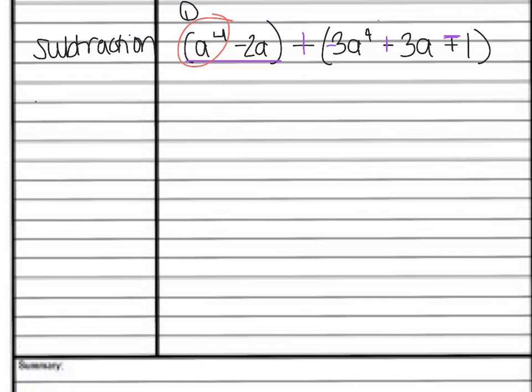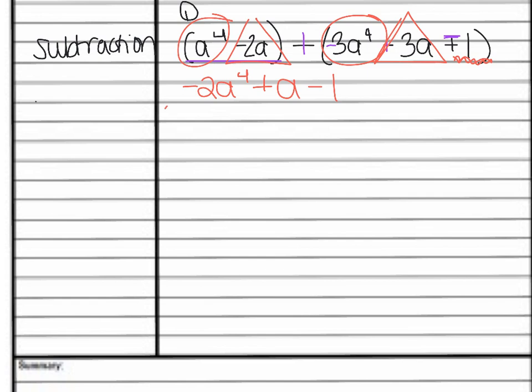A to the 4th plus negative 3a to the 4th will be negative 2a to the 4th. Then I have negative 2a plus 3a, which will give me 1a. And then finally, I have this negative 1 at the end.